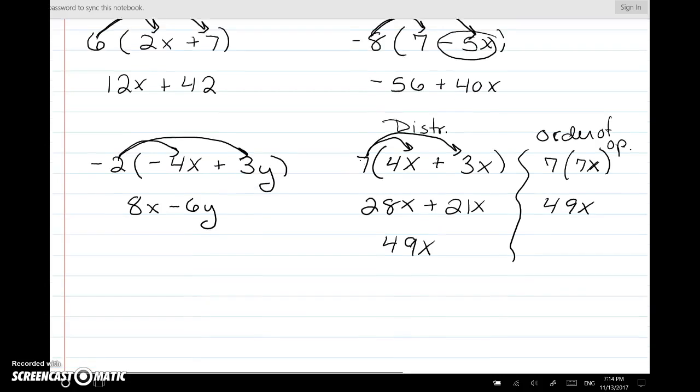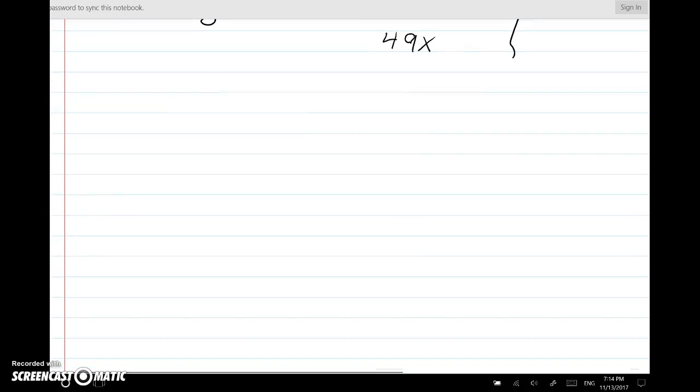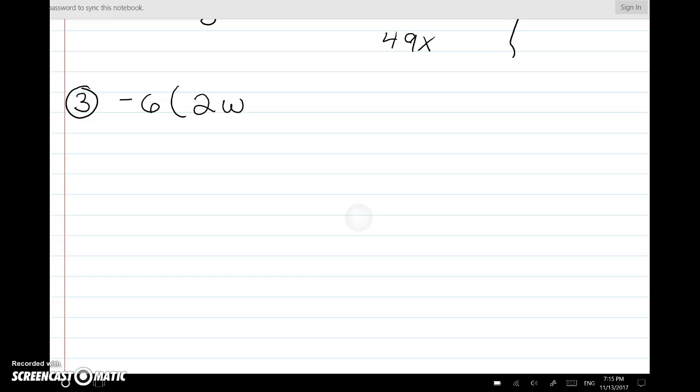Okay, some practice problems. We're up to question 3: negative 6 times (2w minus 4). This is going to be negative 12w plus 24.